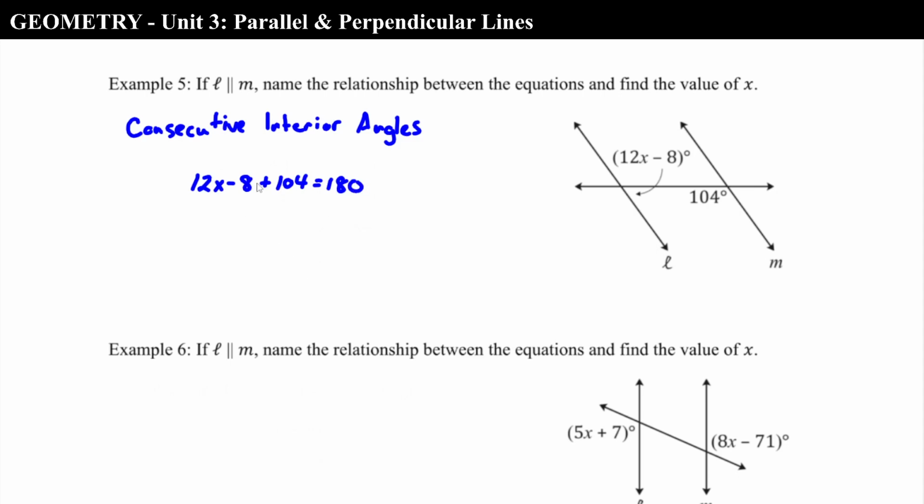So we're going to combine our like terms. Minus 8 plus 104 gives us positive 96. We subtract 96 from each side, and we get 84 on the right-hand side, and then we divide by 12, and that gives us x equals 7.